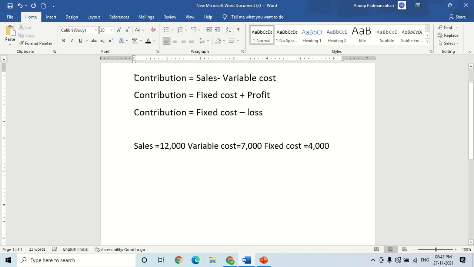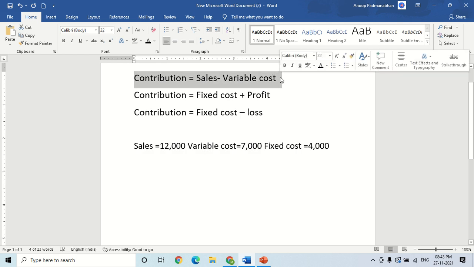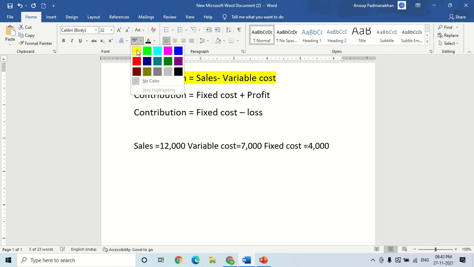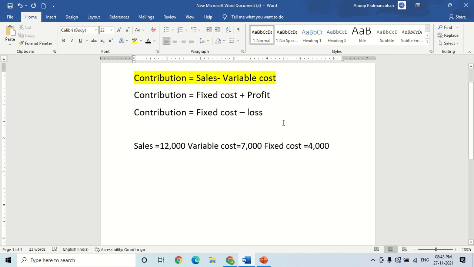If I take the first equation, I need the sales figure and the variable cost figure. Here sales and variable costs are available. So I'm going to pick the first equation because all this information is available in the question. The equation is contribution is equal to sales minus variable cost.